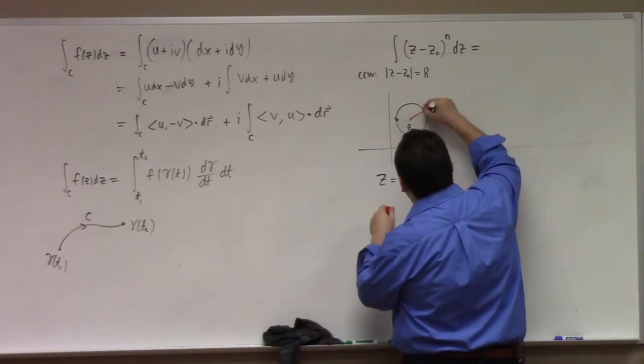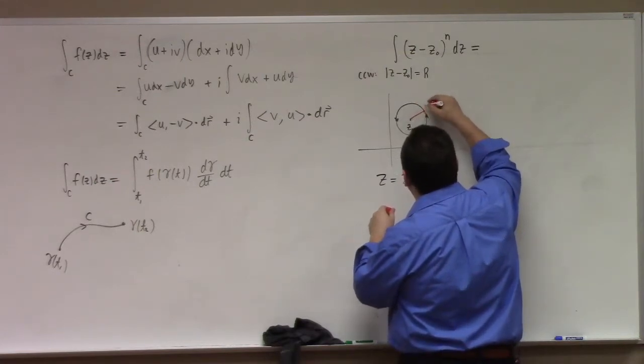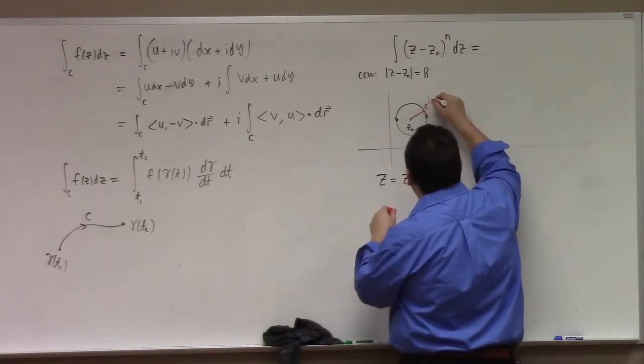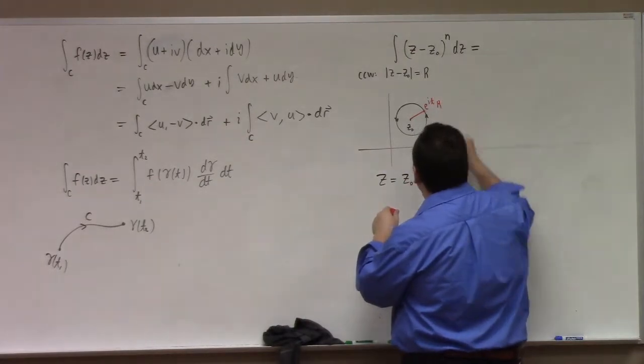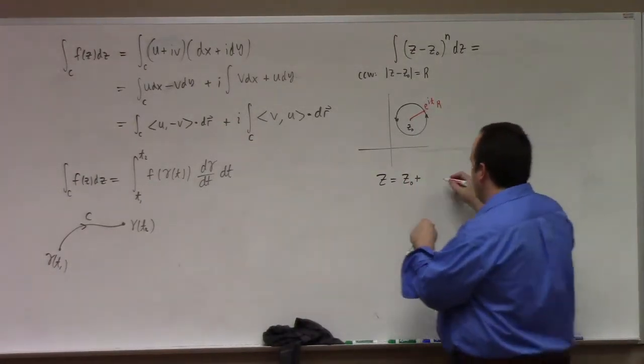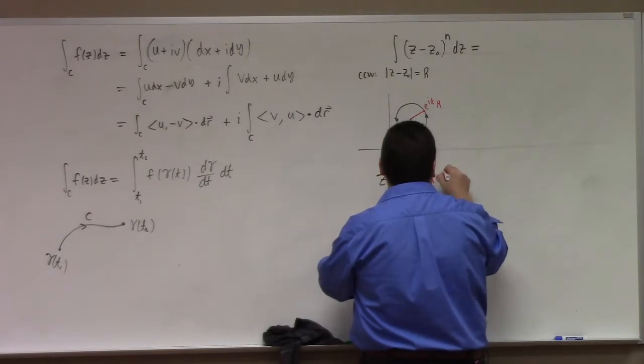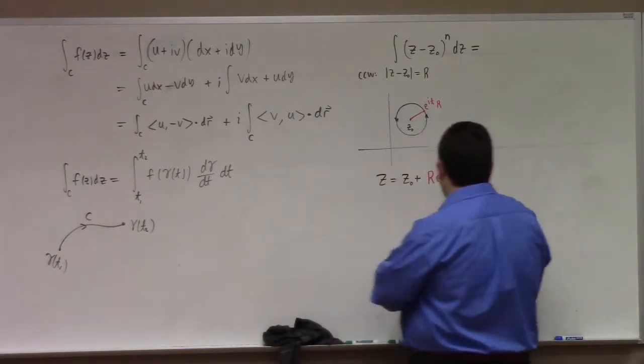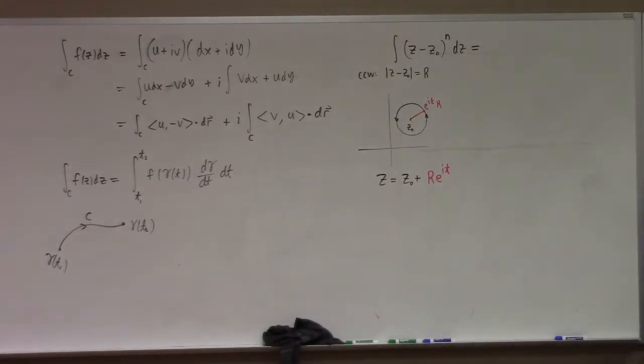So maybe this would be z naught plus r e to the it. And if I let t range from 0 to 2 pi, that should get me full circle, right?